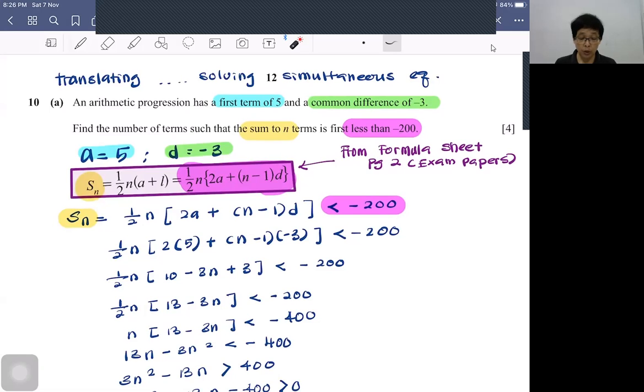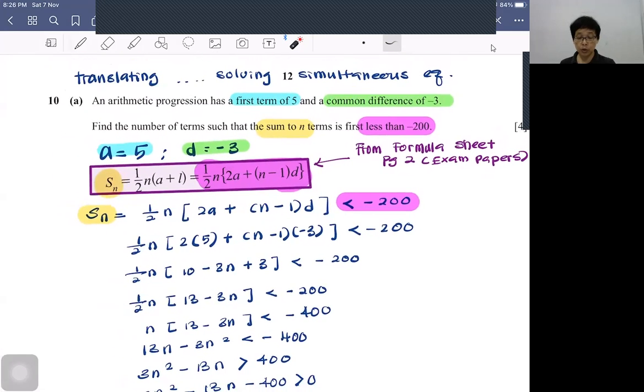Now, as usual, you draw the formula from the formula sheet on page 2 of the exam paper, and you look for the one that tells us the sum to n terms for an arithmetic progression.